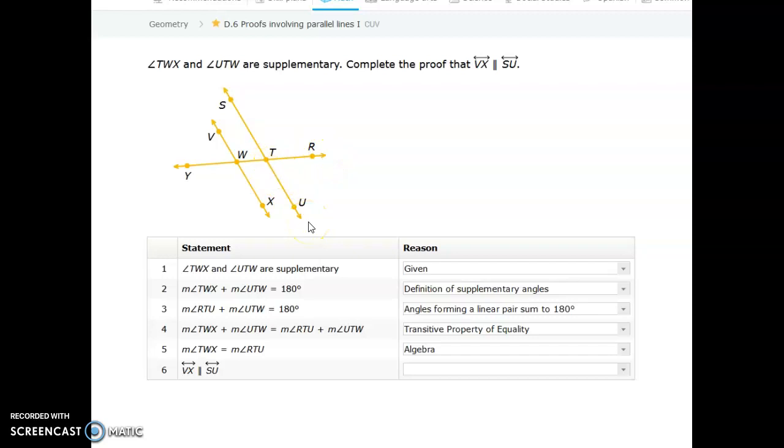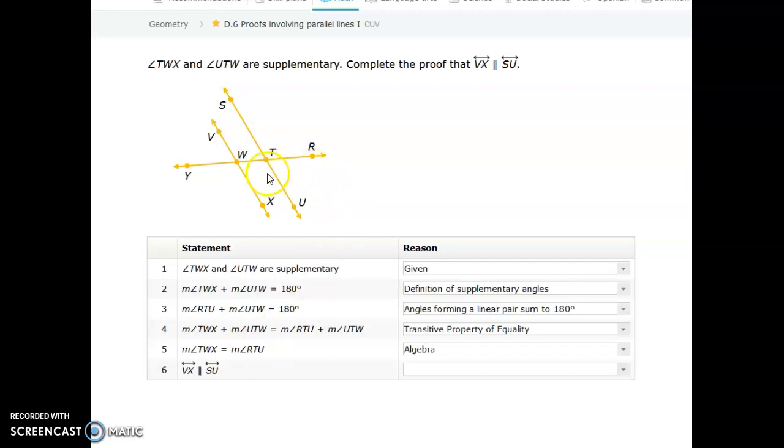And we know that if we have corresponding angles that are equal to each other, we can then say that the lines are parallel. Okay, so this is like using our corresponding angle theorem in reverse. Normally, we're saying the opposite of that. We say that the lines are parallel and the angles are corresponding, therefore, the angle measures must be equal. But we're doing the opposite of that.